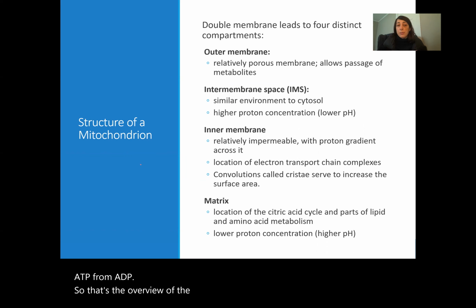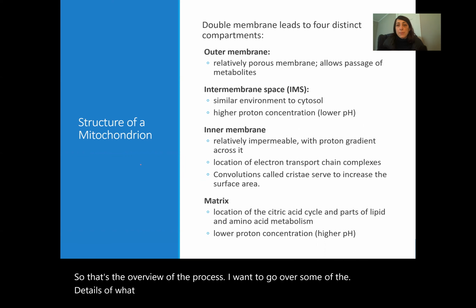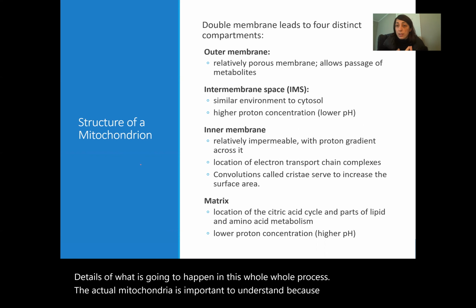I want to go over some of the details of what is going to happen in this whole process. The actual mitochondria is important to understand because its structure is how we achieve this gradient.